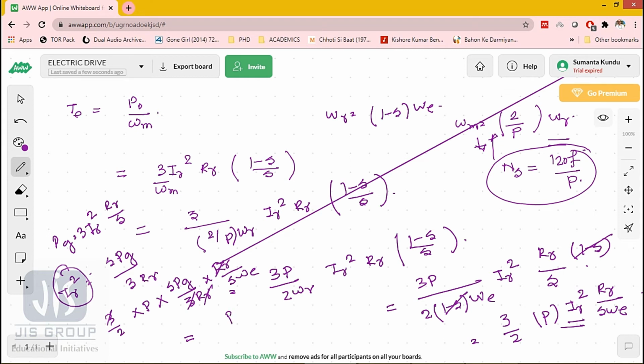This s will also cancel each other, Pg in the numerator and omega e left in the denominator. So p by 2 into Pg by omega e. Okay, so ultimately we got Te equals p by 2 Pg by omega e.